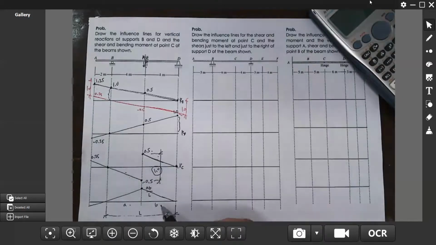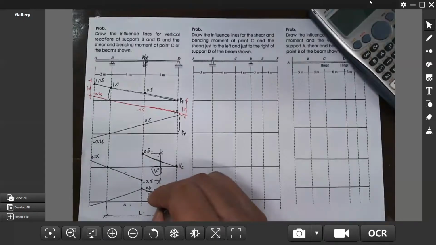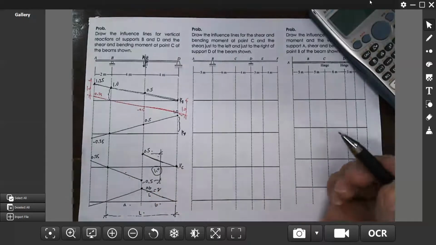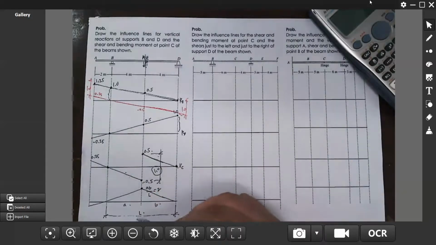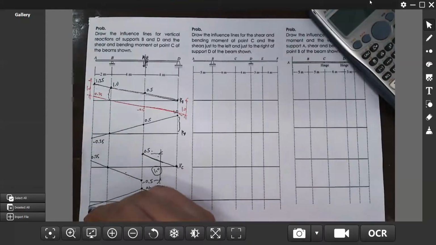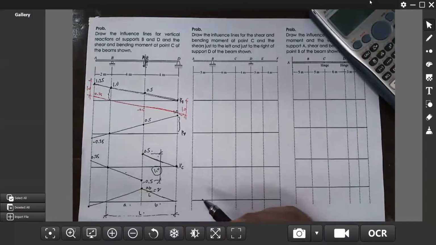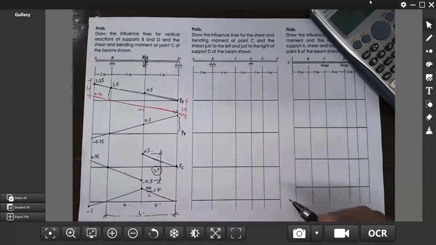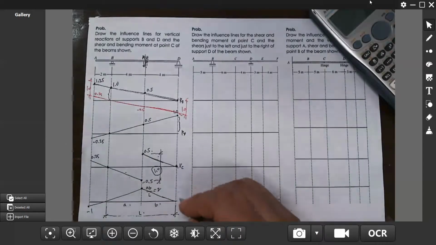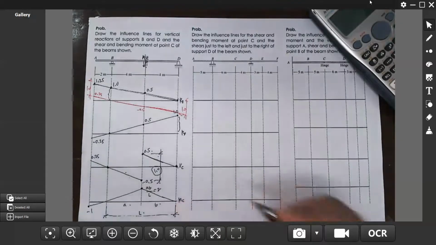So, 4 times 4 divided by 8, the answer is 2. 4 times 4, 16 divided by 8, 2. And then this one, by ratio and proportion, makuha na mo, and this is negative 1. Kana, okay? So, mo ni influence lang mo for moment at C.